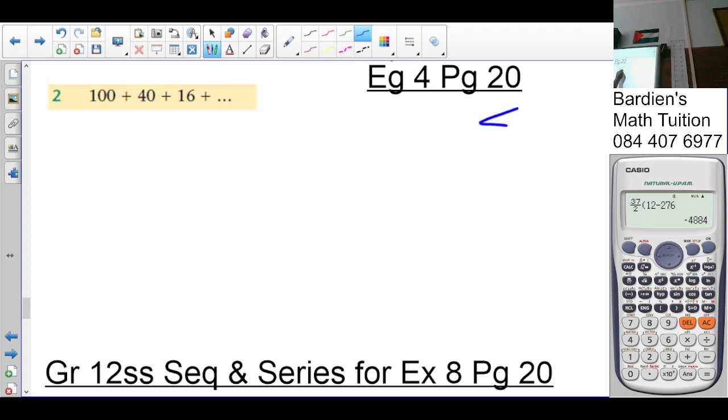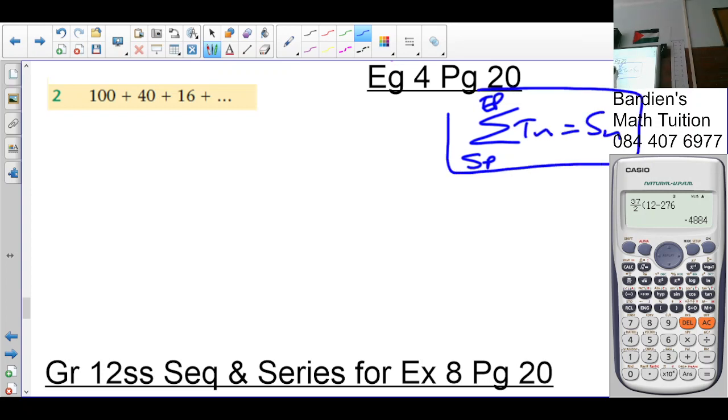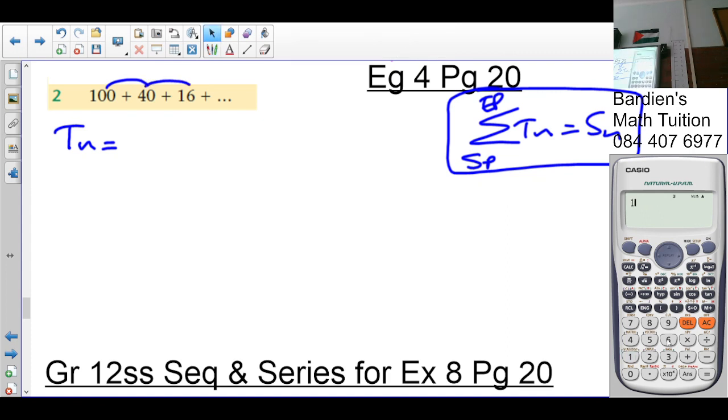And remember, for sigma, the starting point, ending point, the general term is equal to the sum of terms. Okay. So the general term we must first work out. So Tn is equal to, how do we move from one term to the next? It's 16 over 40, which is 2 over 5, or 40 over 100, which is 2 over 5. Okay. So the r value is going to be 2 over 5 here.